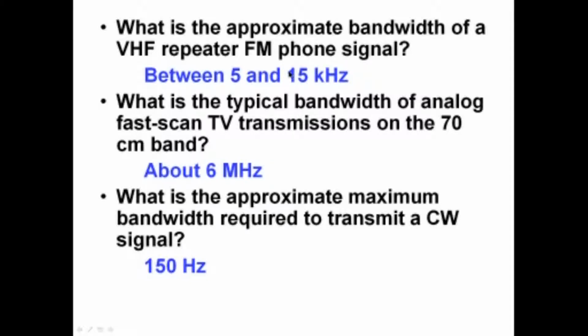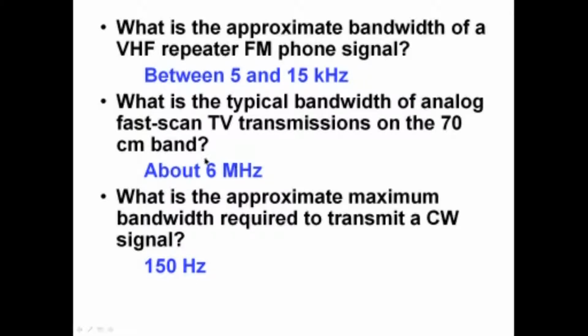Okay, what's the approximate bandwidth of a VHF repeater FM phone signal? It's between 5 and 15 kilohertz. What's the typical bandwidth of an analog fast scan TV transmission on the 70 centimeter band? Now remember I was saying that the amount of information you transmit increases the bandwidth. Take a look here.